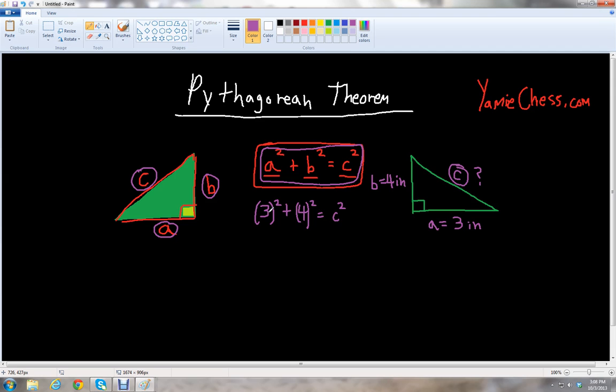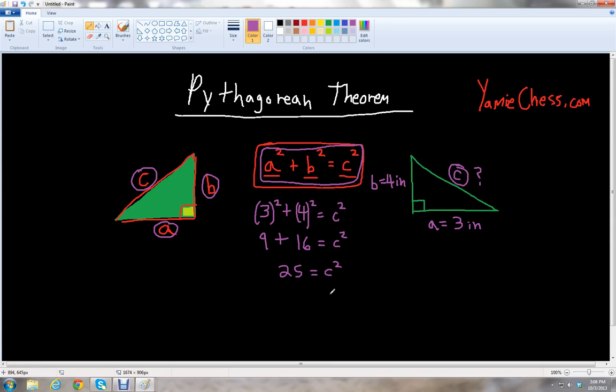That's 3 times 3, which is 9, plus 4 times 4, which is 16, equals C squared. Then 9 plus 16 is 25, which equals C squared.